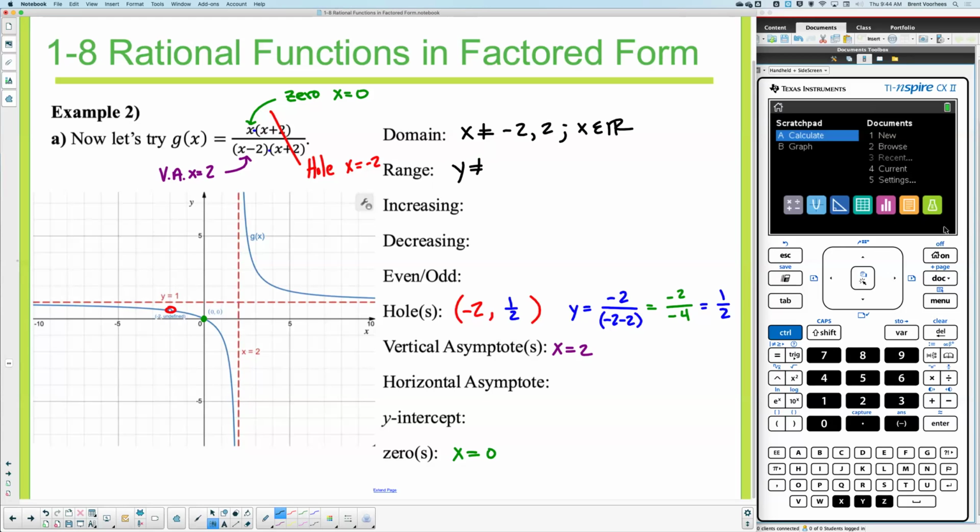Y cannot equal... What are the two values that we discovered that have a y value at a break? It does not hit the half from the hole, and it does not hit 1 from the horizontal asymptote. But other than that, y is all real numbers.